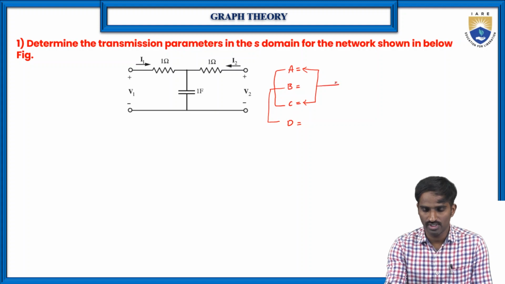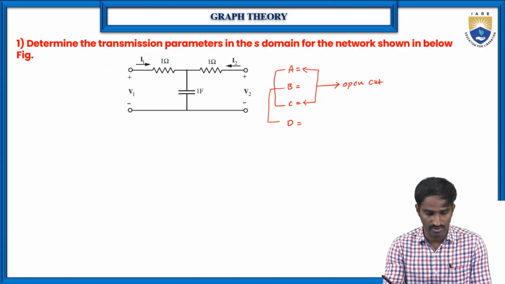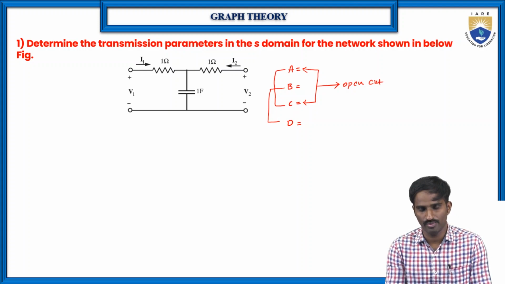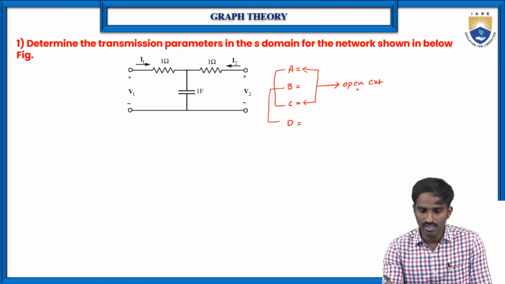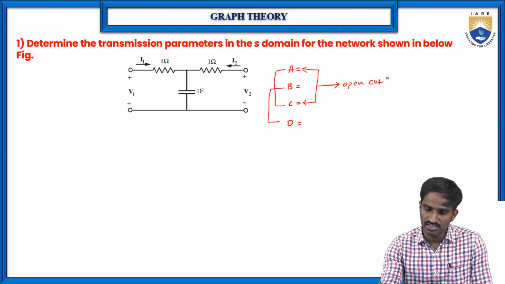Making the output terminal an open circuit is nothing but making I2 equal to 0.